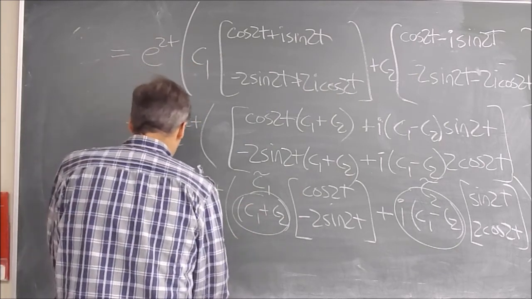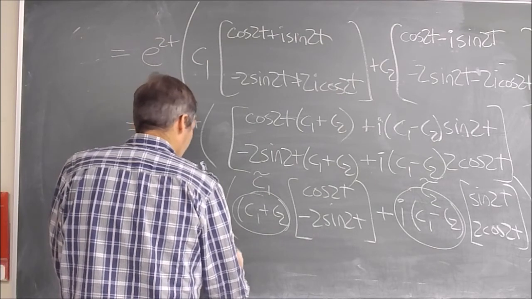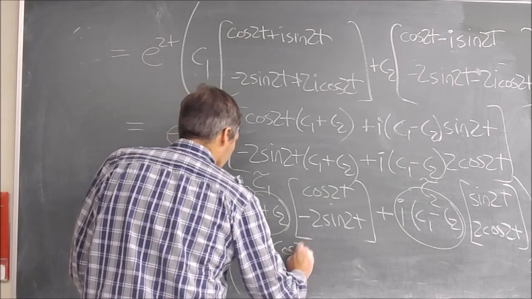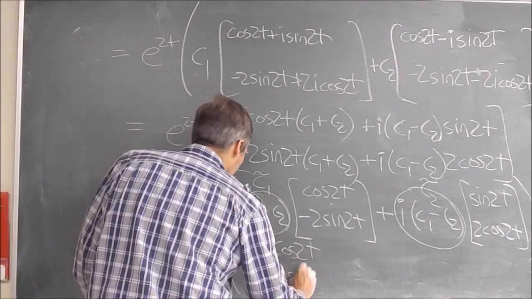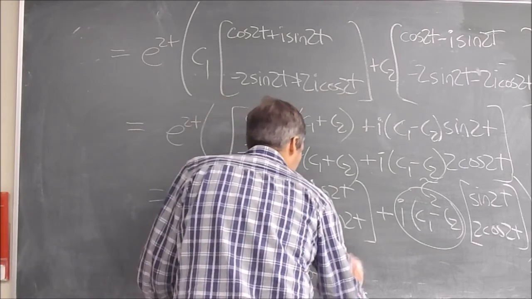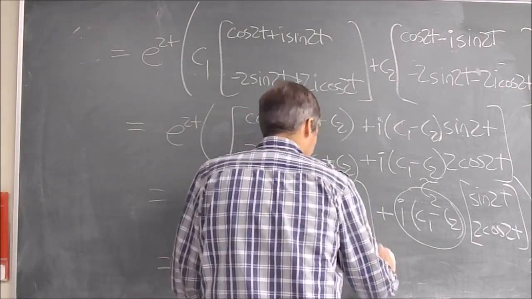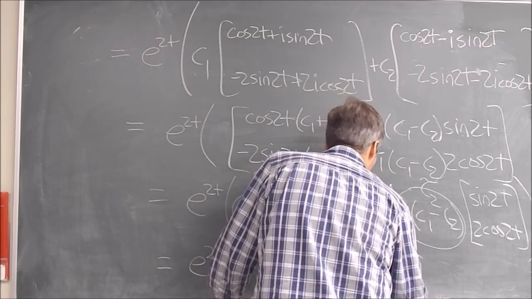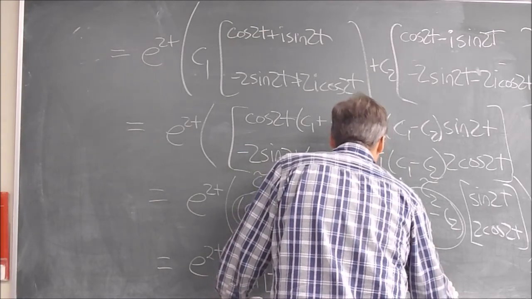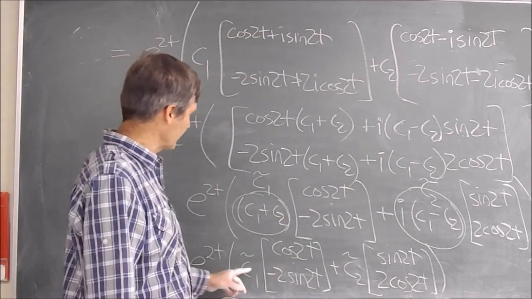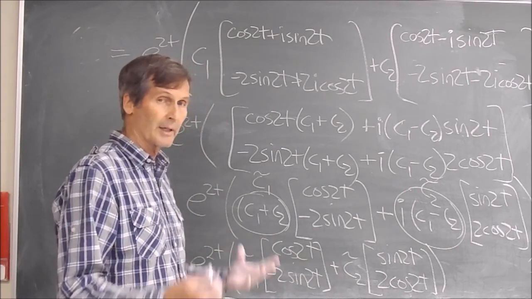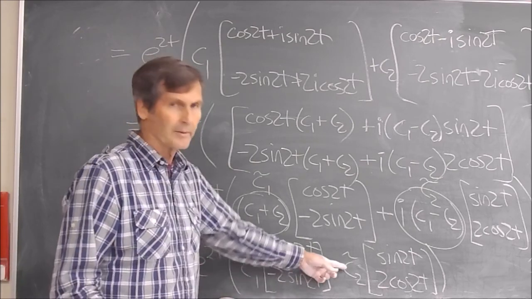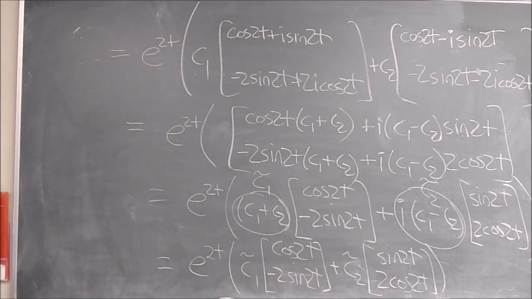So I say the real solutions are e to the 2t times an arbitrary constant c1 tilde times the vector cosine 2t, minus 2 sine 2t, plus an arbitrary constant c2 tilde times the vector sine 2t, 2 cosine 2t. This still gives all complex valued solutions if you let c1 tilde and c2 tilde be arbitrary complex numbers, but now you can pull out the real ones by restricting c1 tilde and c2 tilde to real constants.